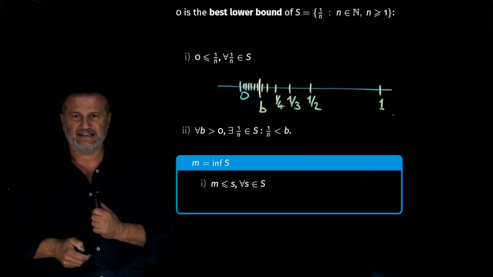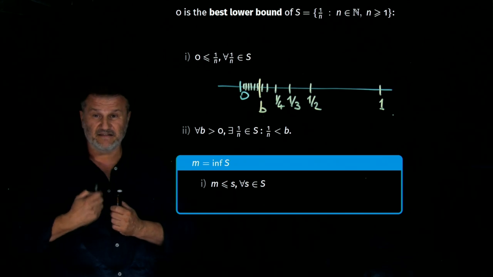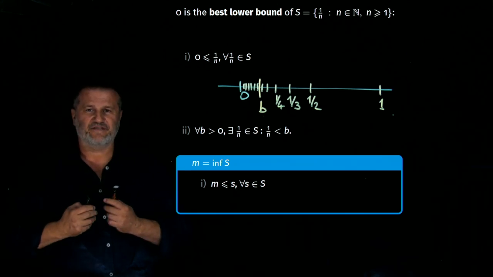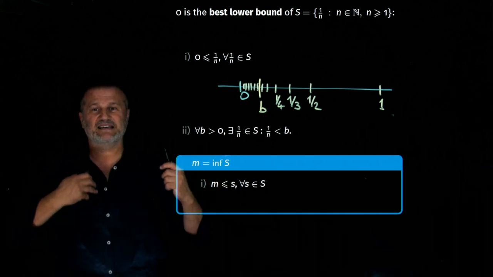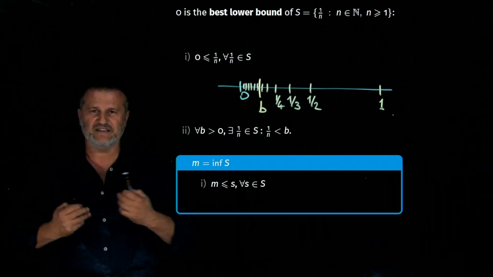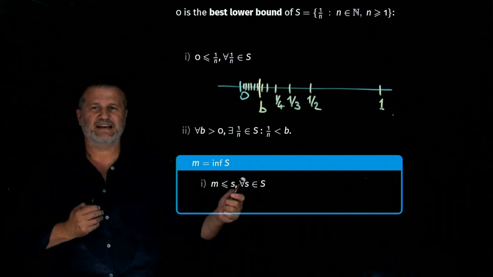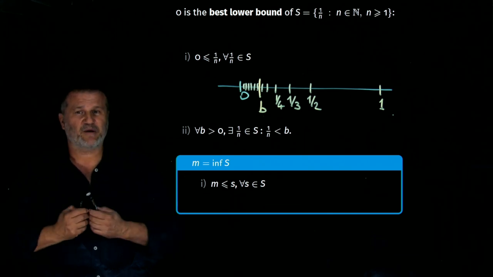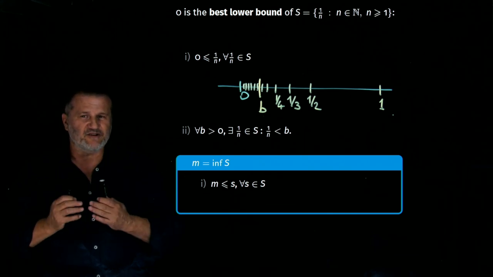So we say that a number m is the infimum, or best lower bound, of S if, first, the element m is at left of each of the elements of the set, so m is less or equal than s for every s in the set. And this is the same first property as for the minimum. But the second property is different.